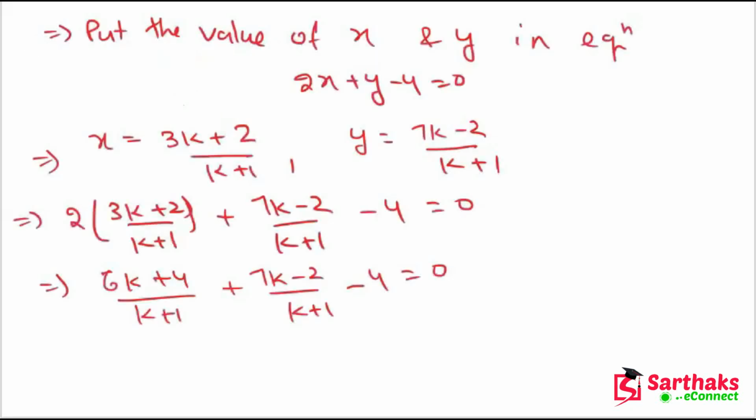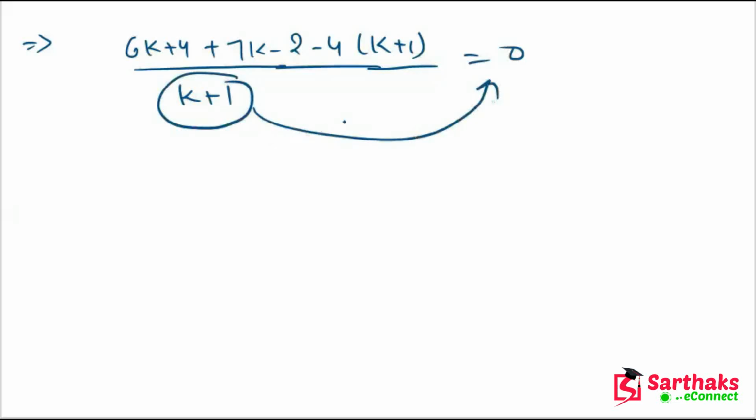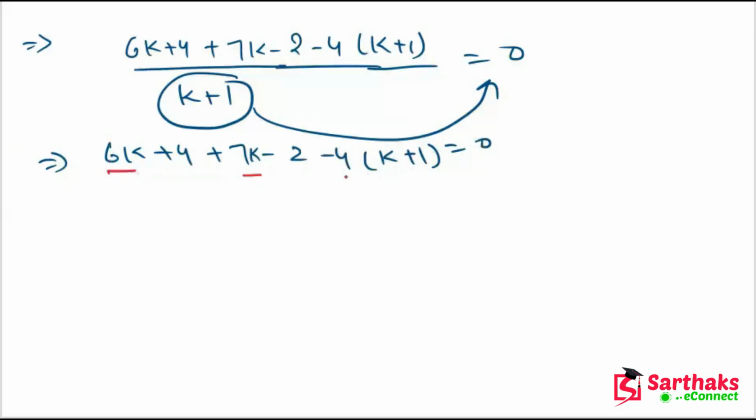Now we have minus 4, so this will be multiplied as minus 4 into k plus 1, which is equal to 0. Now this k plus 1, when we shift it to the RHS, will become 0. So we have 6k plus 4 plus 7k minus 2 minus 4 into k plus 1 is equal to 0. Now friends, we have 6k, 7k and 4k.